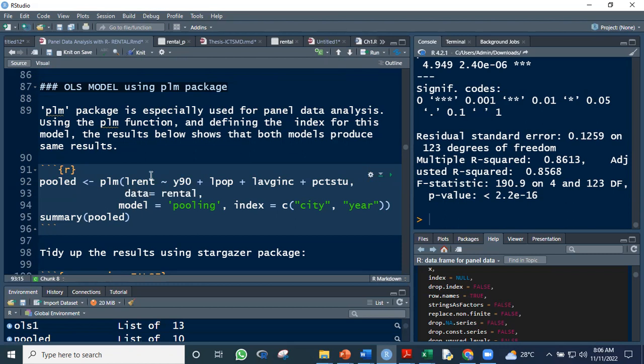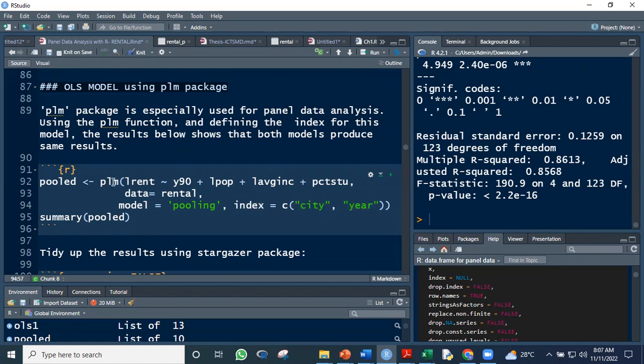So you have the same function, log rent regressed on y90, etc. Data is still the rental data, and then model is equal to pooling. Since we're using the rental data, which is a data frame, we have to identify the index. Had we used rental_p or rental_view, this would not be necessary.